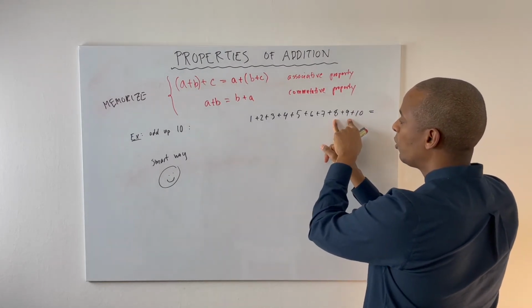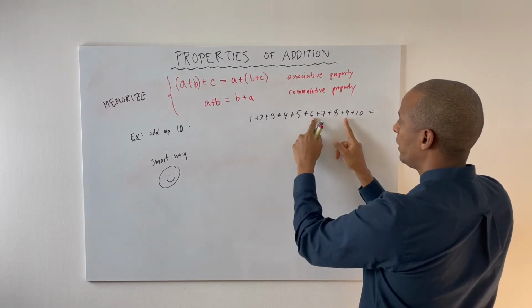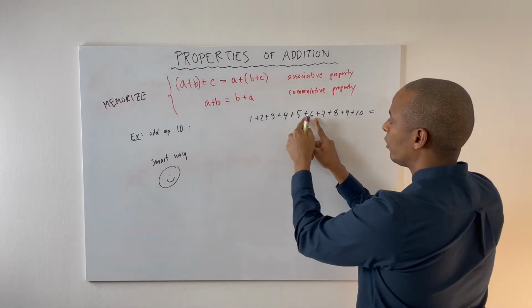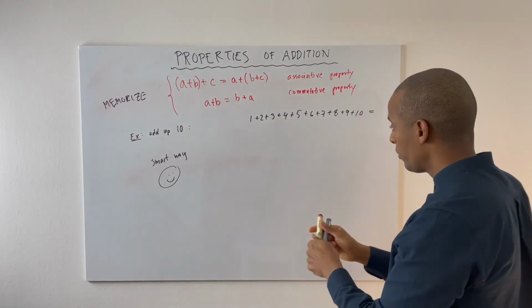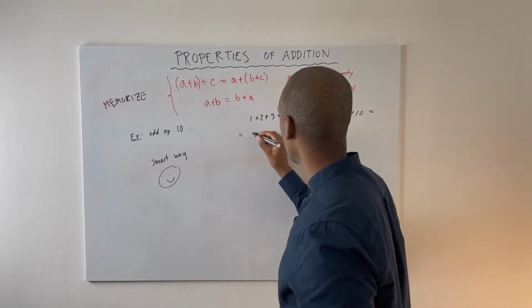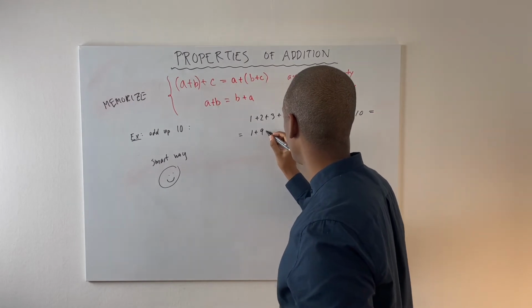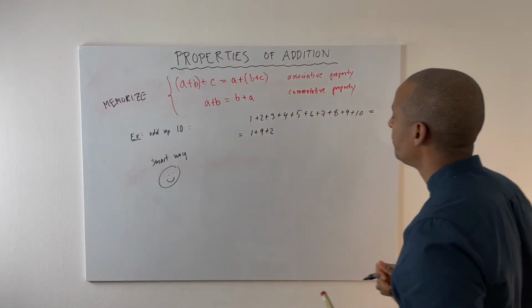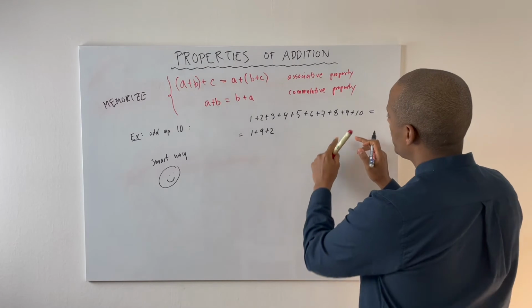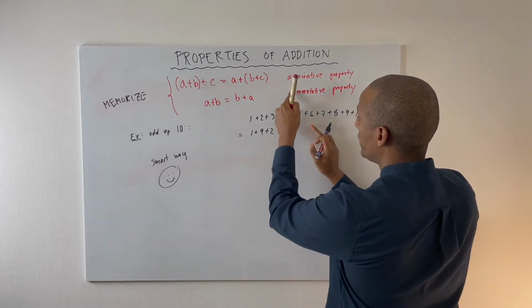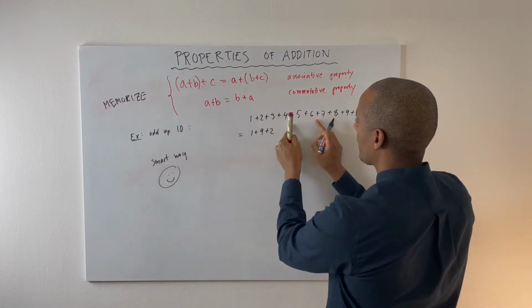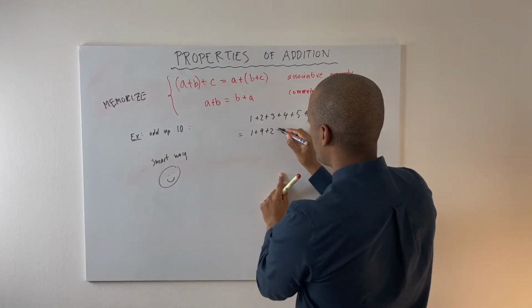And then we can keep going. We can keep moving the 9 along like this, and it can end up here. So then we get 1 plus 9, and then the 2 is here. And we can do the same thing for the 8. We can keep switching like this, using the commutative property, and get the 8 all the way here.